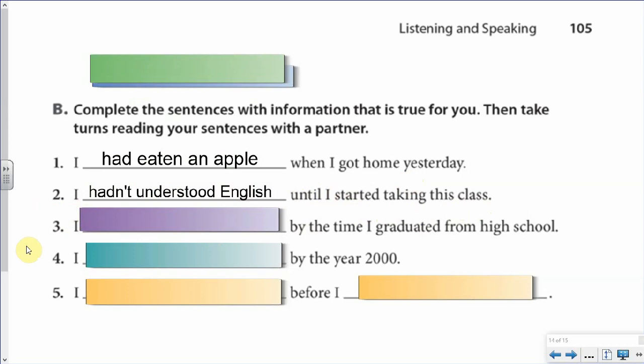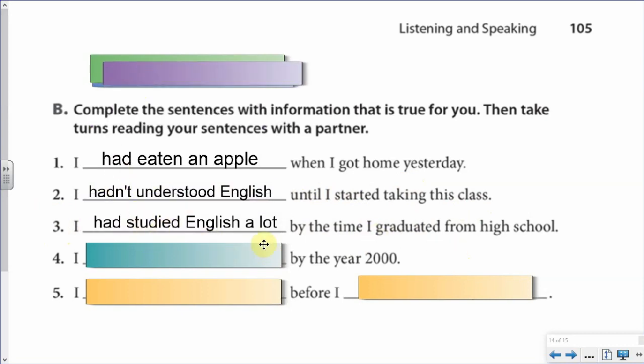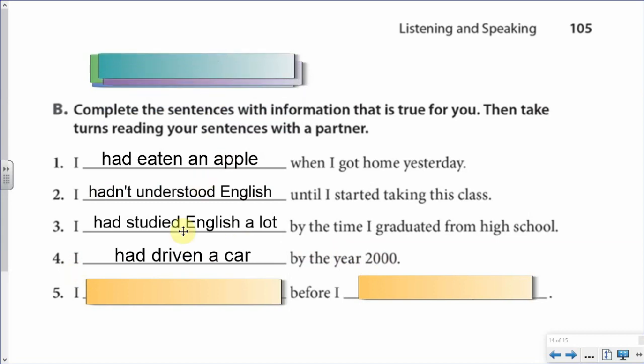Number 3, I, by the time I graduated from high school. So I've put, I had studied English a lot by the time I graduated from high school. Number 4, I, space, by the year 2000. I had driven a car by the year 2000.